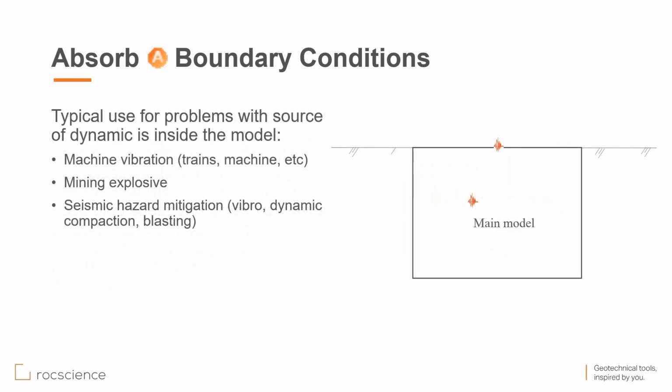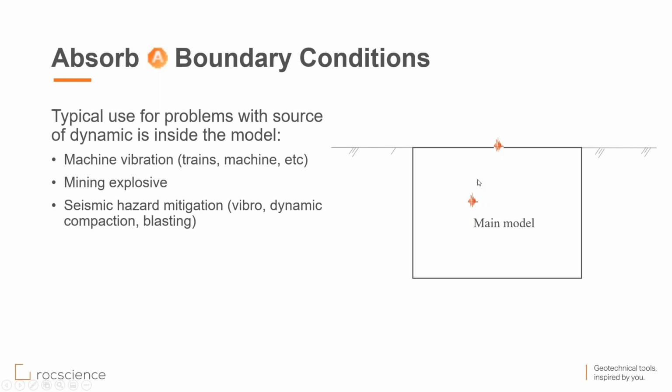And here is the typical use of this boundary condition. For example, when you have the source of dynamic inside of the model, for example, when you have machine vibration at the surface, or you can have a train moving, or you have mining explosives inside the main model.